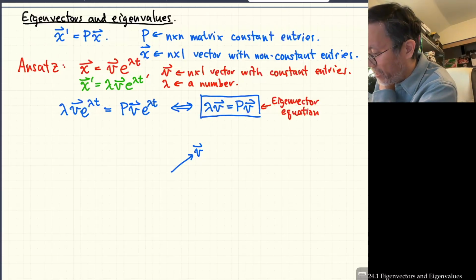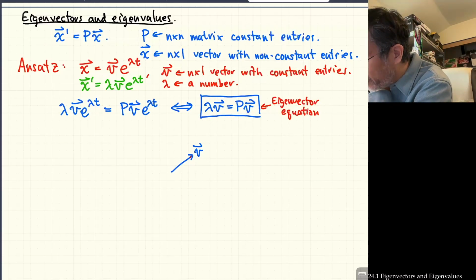So you can think of it like all that P does to v is stretch this vector by some amount. Maybe this is lambda v.